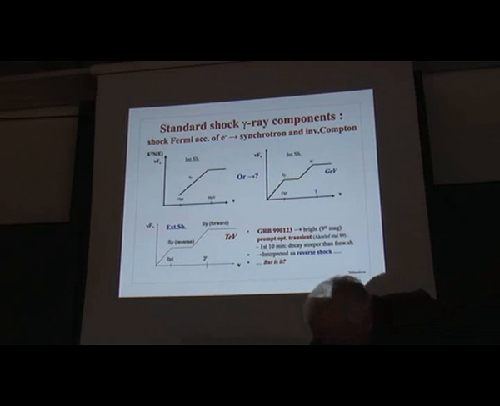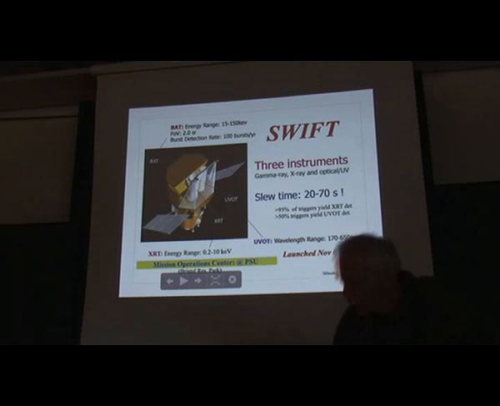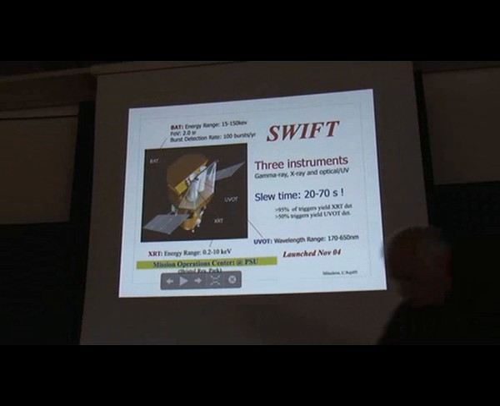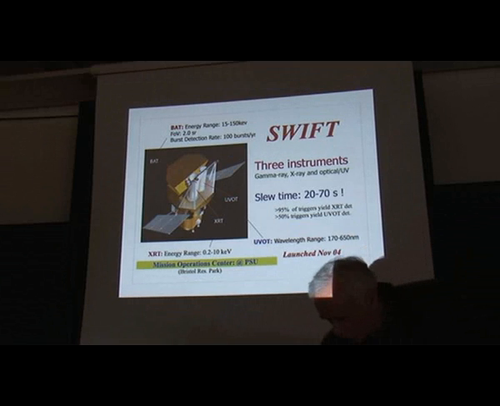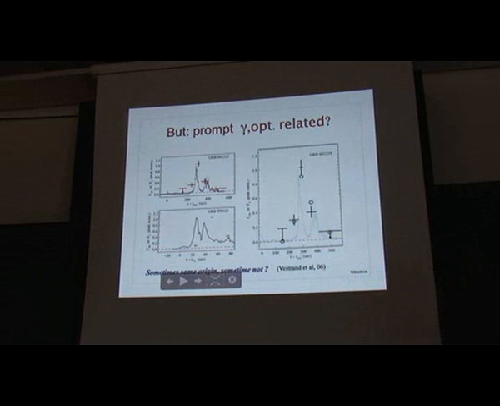So one tries to figure that out with measurements with, let's say, Swift, and then ground-based prompt robotic telescopes, to see whether the prompt optical flash light curve behaves the same way as the gamma rays.